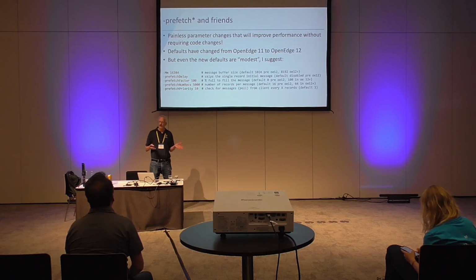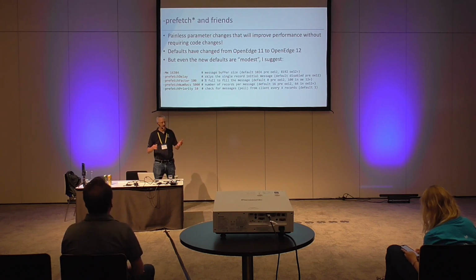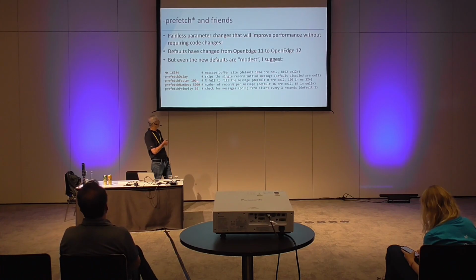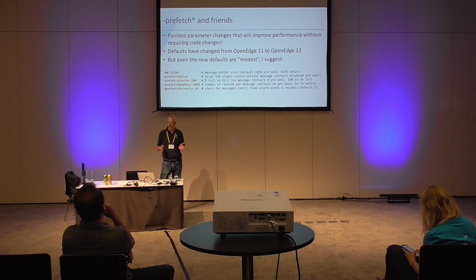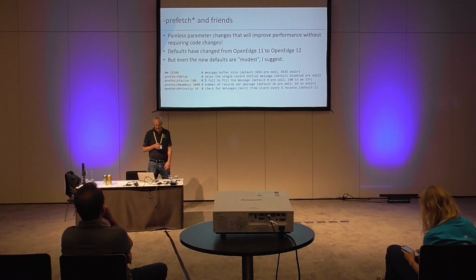So if you have small records, or if you have records where you're not fetching all of the fields, you can pack an awful lot of data into a 16K message. So 5,000, make it 10,000. It's not going to hurt anything. But what it will do is if you do have a case where you have smaller records, it'll allow you to transfer a lot of data all at once.